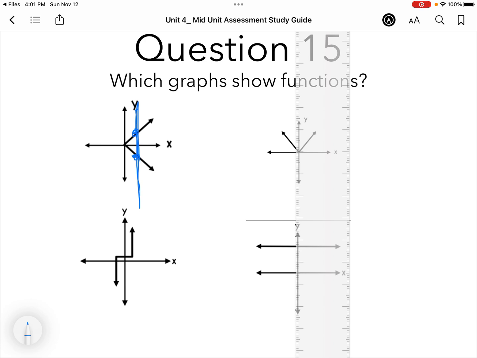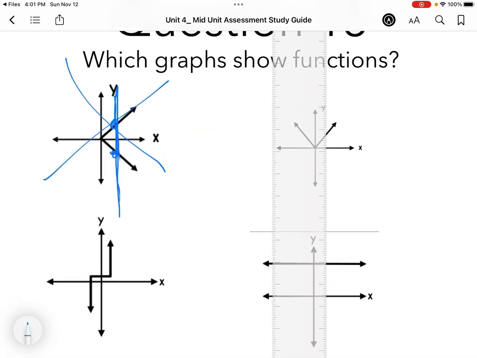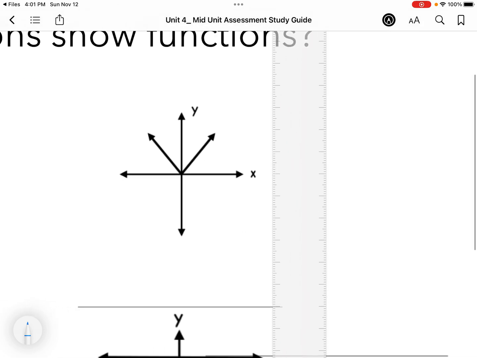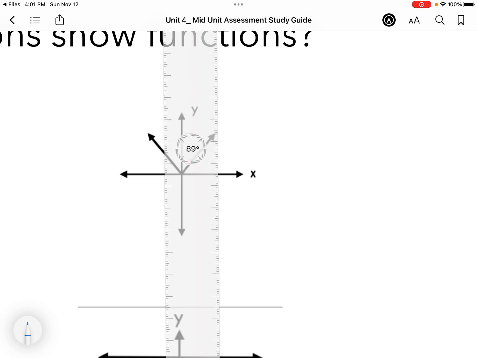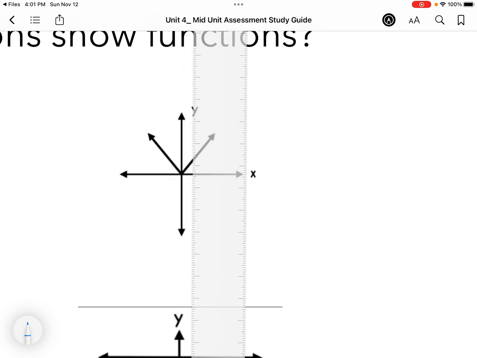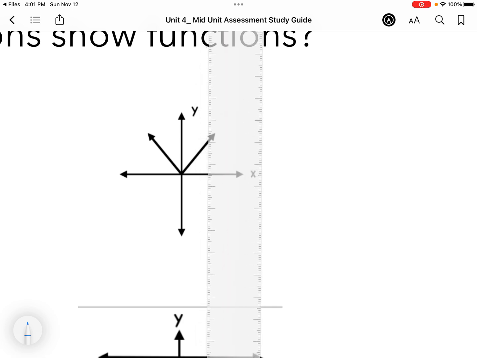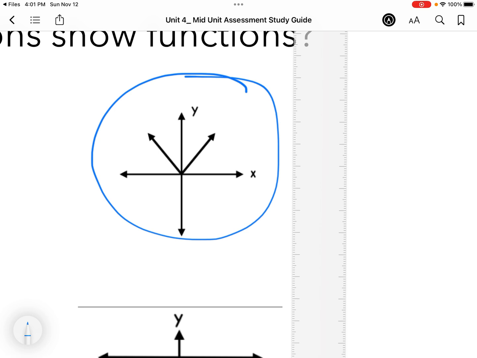So this is not a function. You can see as I take the ruler across, I am not able to touch that ruler against the graph anywhere but in one place. So that represents a function.